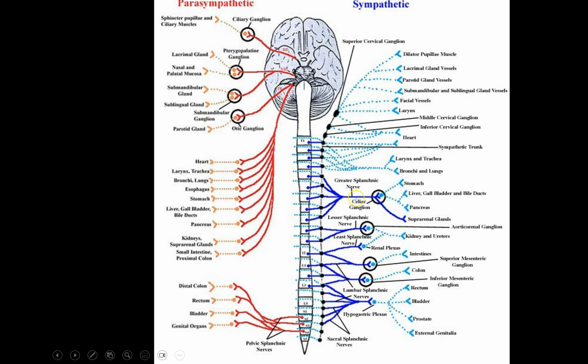So distally we have the greater splanchnic, lesser splanchnic, least splanchnic, and lumbar splanchnic. The ganglia: celiac ganglion, the aortorenal ganglion, superior mesenteric ganglion, inferior mesenteric ganglion.